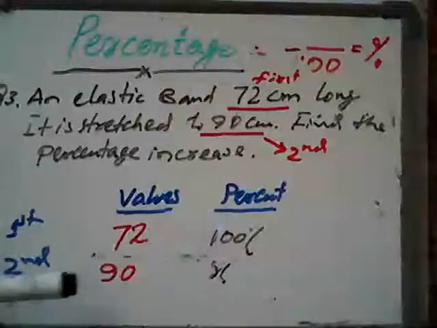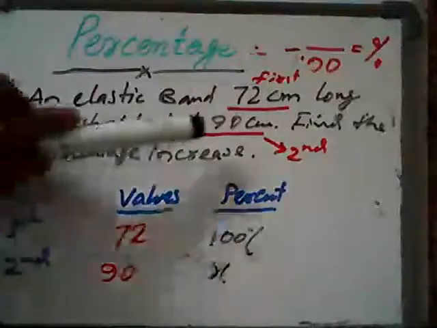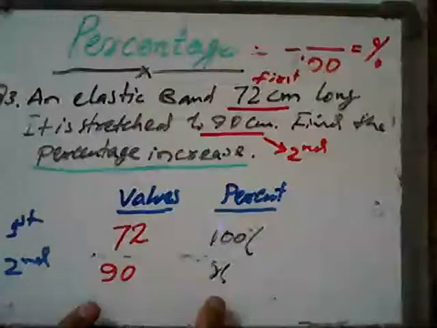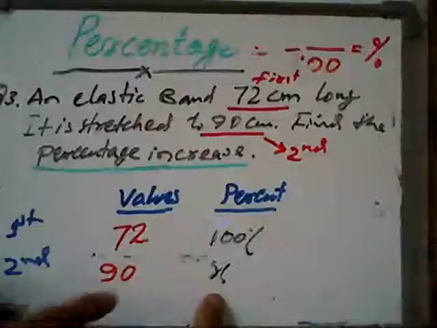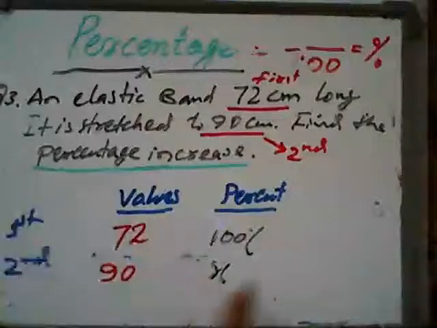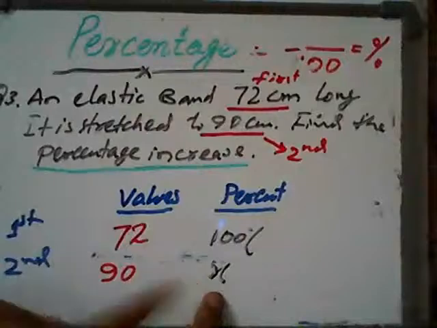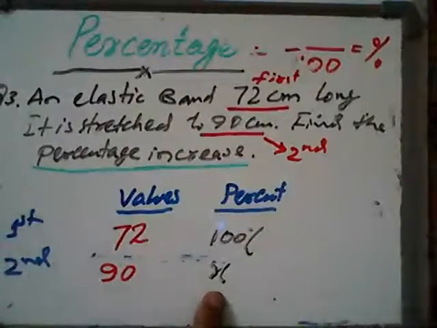And the actual percentage, we will get by this one. But it's not saying the percentage; we'll see how much is increased. If this becomes 120%, it means 20% is increased.